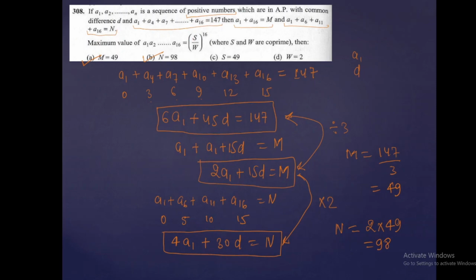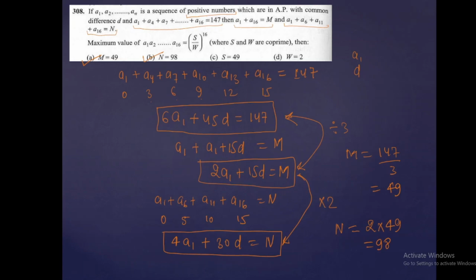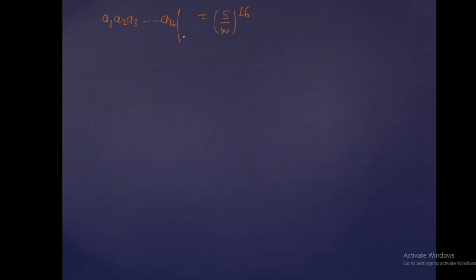Okay. Now we need to think about S and W. So we have the product A1, A2, A3, up to A16, and this is equal to S by W raised to 16, and it is given as the maximum value.